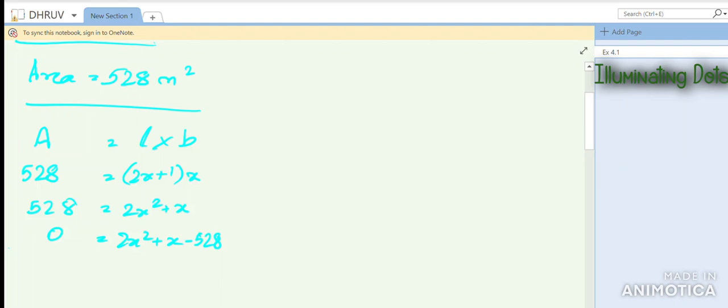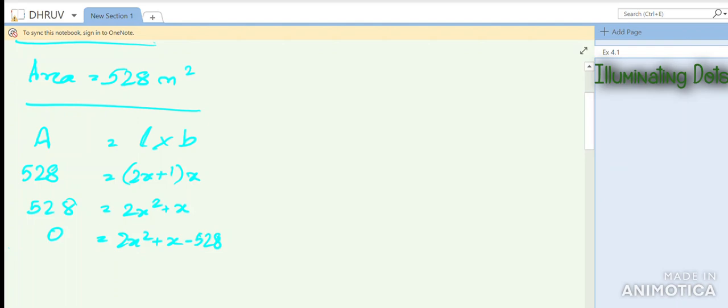If we were to solve them, we would have used the factorization method, the completing the square method, or the quadratic formula. But since we have not learned it till here, we will be skipping that part, because the question does not ask us that.